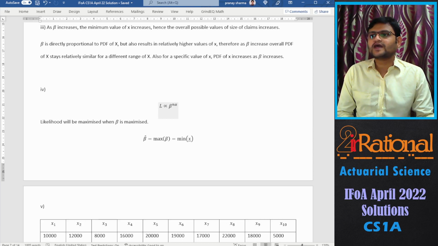Therefore, as beta increases, the overall PDF of x stays relatively similar for a different range of x. Also for a specific value of x, the PDF of x increases as beta increases. I think they were expecting only the last line. You can explain all the relationships or you can just write the last line.